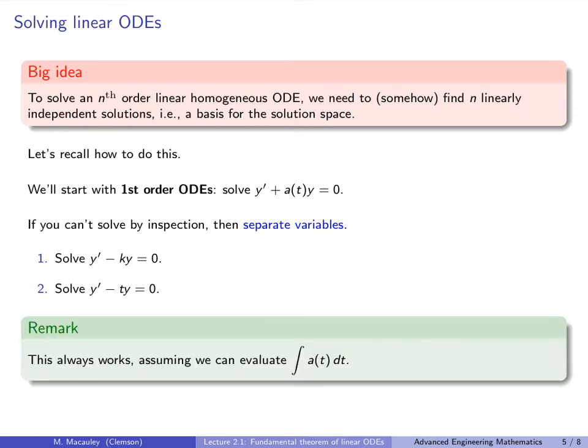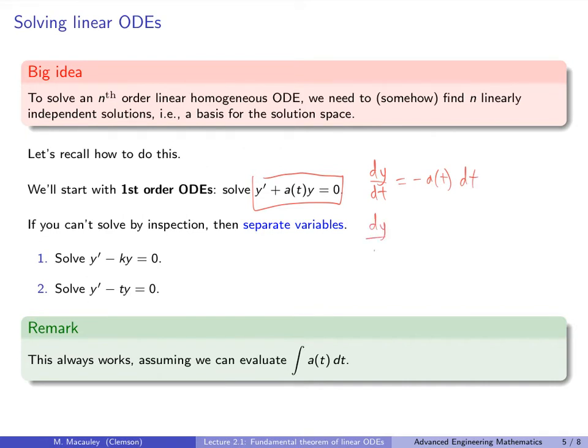It's worth remarking that unlike higher order ODEs, for first order equations, this method of separating variables always works. Well, that is assuming we can actually evaluate the integral of a. So let me do an example of the general case up here. So if we have dy dt equals negative a of t times y, and we want to solve this, we separate variables.